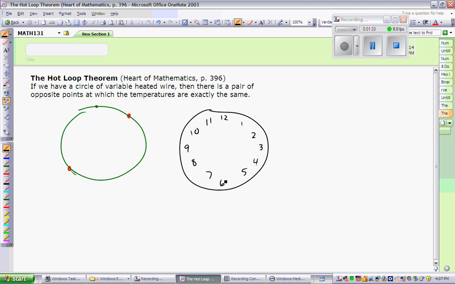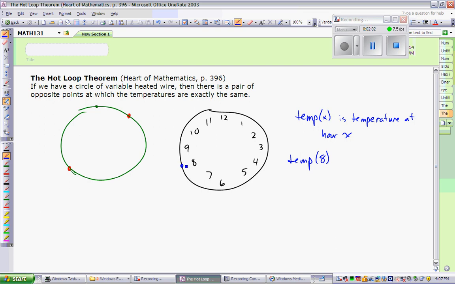All right, so we're going to use this notation. Temp x is going to be the value of the temperature at hour x. So temp 8 would represent the temperature right here.